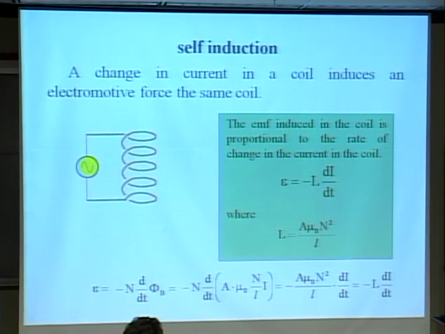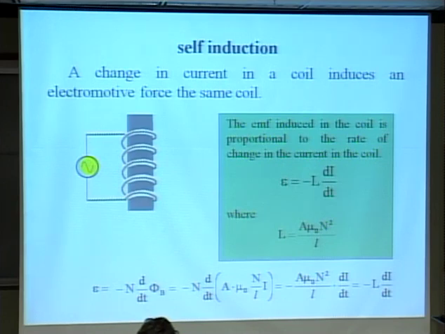Now what would happen if instead of having an empty solenoid, we put a ferromagnetic core, where the calculation would change?